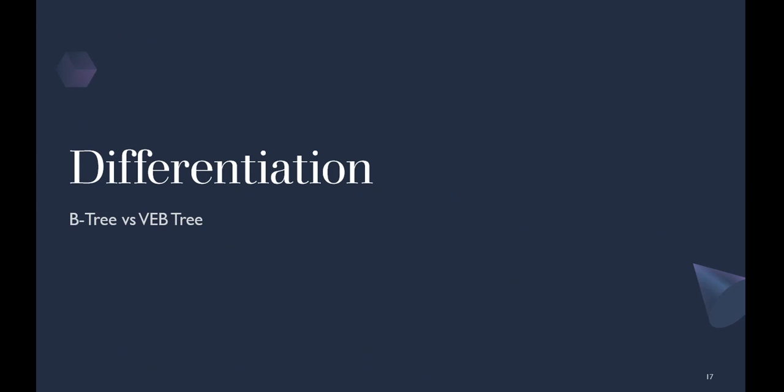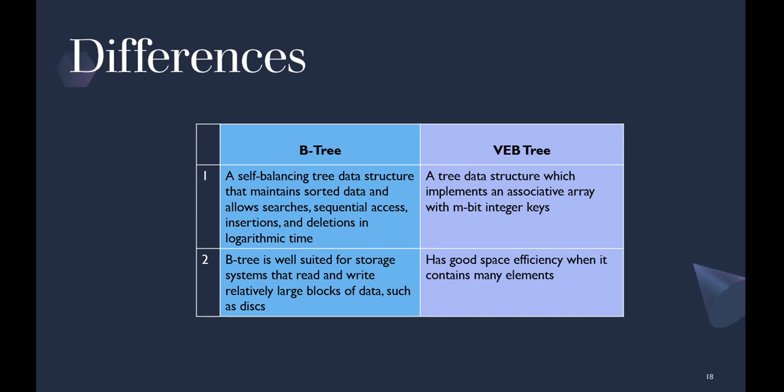The difference between B-tree and VEB tree is, first, B-tree is a self-balancing data structure that maintains sorted data and allows search, sequential access, insertion, and deletion in logarithmic time. But the VEB tree is a tree data structure which implements an associative array with m-bit integer keys.